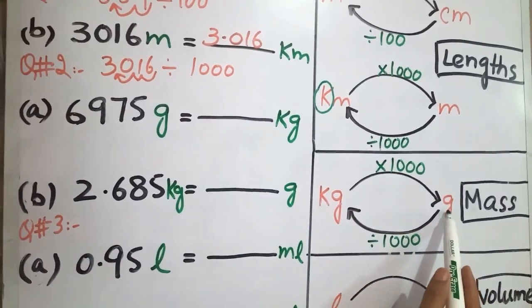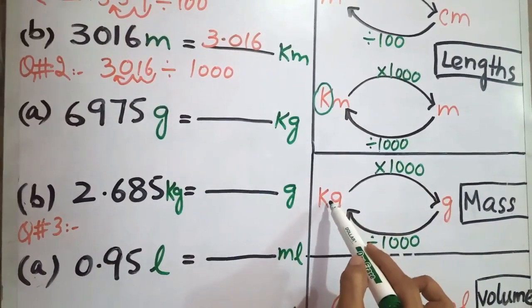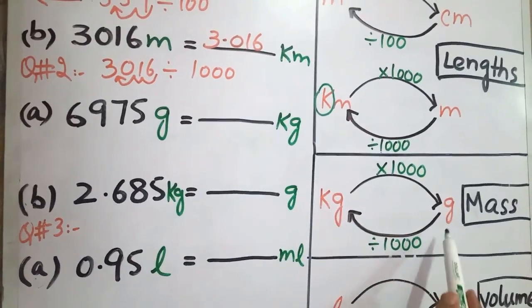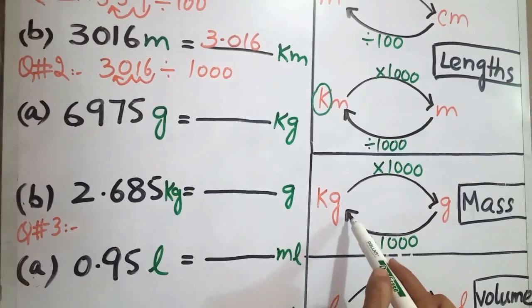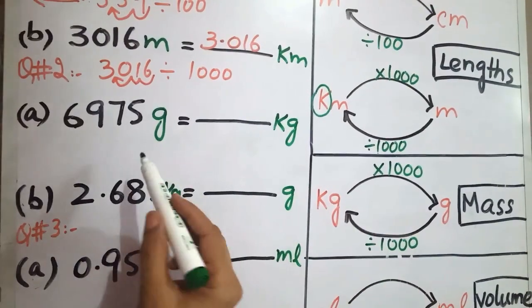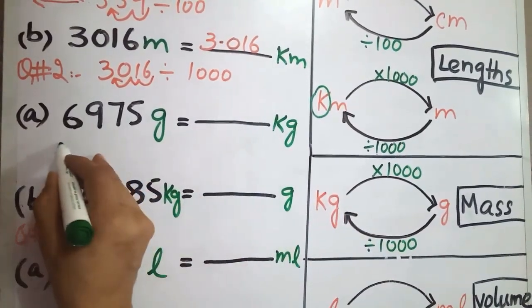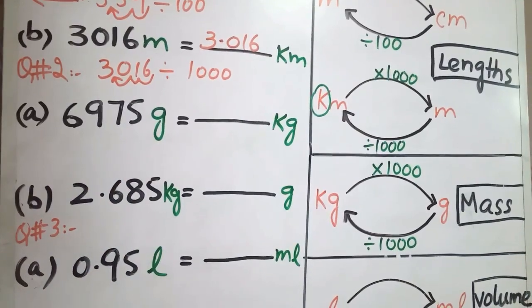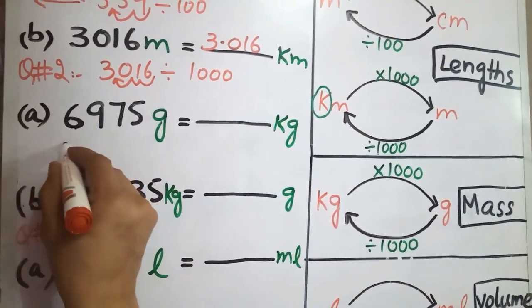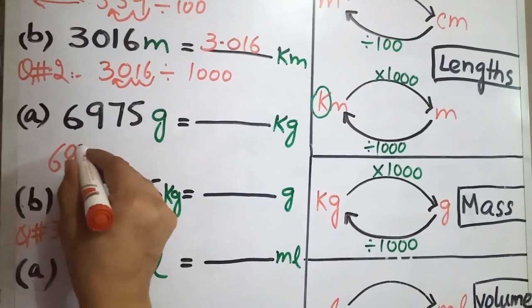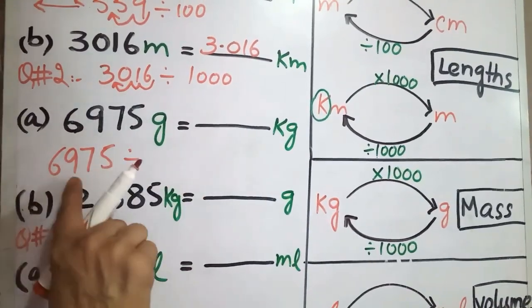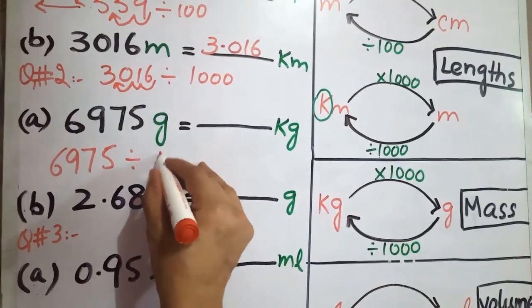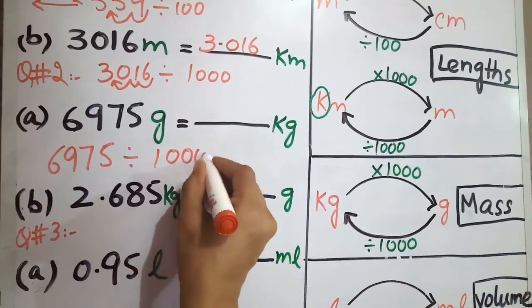We go from right to left, as you can see from the direction of the arrow, so we divide this number, 6,975, by 1000.